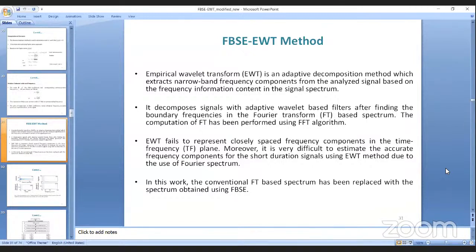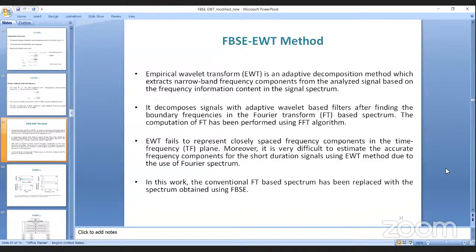Like one IMF can have more than one frequency component, so that different frequency components are present in a particular IMF. And another problem is the lack of a mathematical representation. So motivated by these two major problems, the empirical wavelet transform has recently been proposed in the literature.